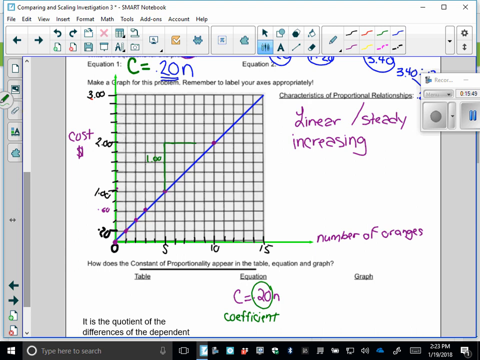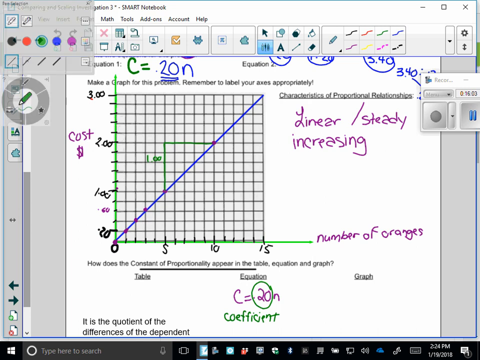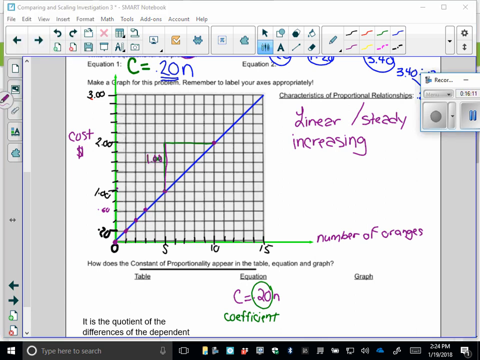What does the horizontal represent? What do those 5 squares represent? Does it represent money? Right. How many oranges? This is $1. How many oranges does this segment represent?